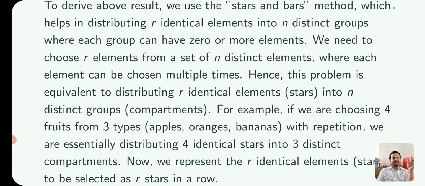So hence the problem is equivalent to distributing the r identical elements, meaning stars, into the n distinct groups, meaning compartments, and these compartments are separated by bars. Yes. For example, as already solved, if we have to choose 4 fruits from 3 types, apples, oranges and bananas, with repetition also allowed, then we distribute these 4 identical stars into 3 distinct compartments, so we have to select r identical objects.